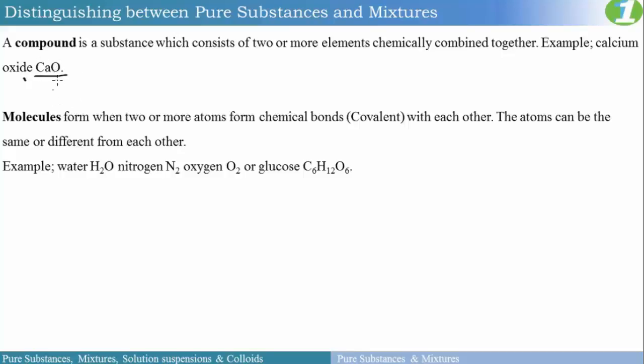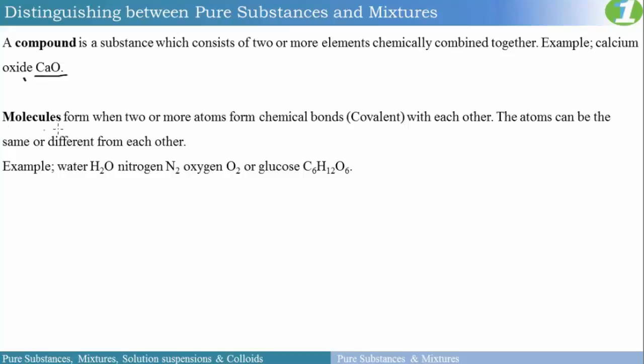Molecules form when two or more atoms form chemical bonds, and when I say atoms here, I'm talking about atoms that make up the element. So molecules form when two or more elements or atoms that make up that element form chemical bonds.